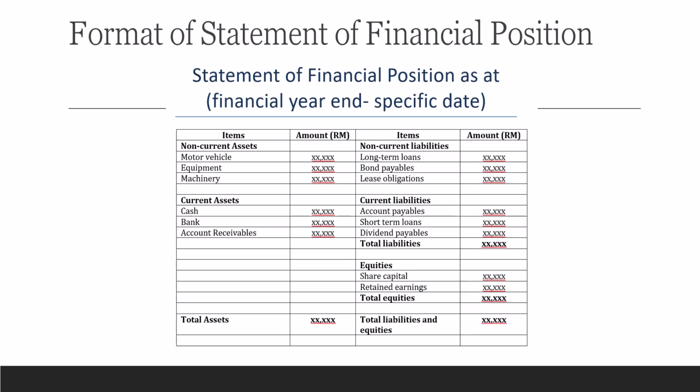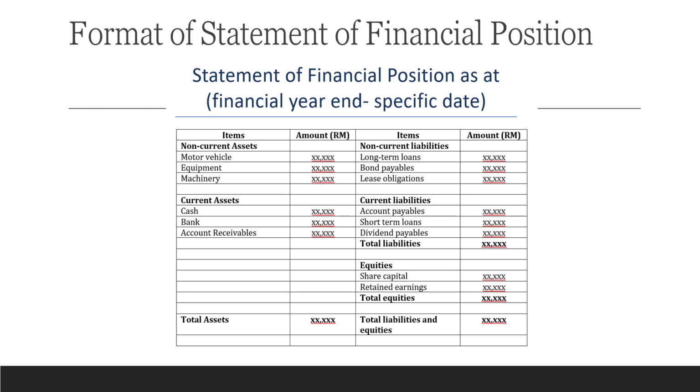Now, looking at the format provided on this page, we see how these components are typically presented. On one side, we list the assets. These are usually divided into non-current assets. These are assets that the company expects to hold for more than 1 year, such as property, plant and equipment, motor vehicle, equipment or machinery.